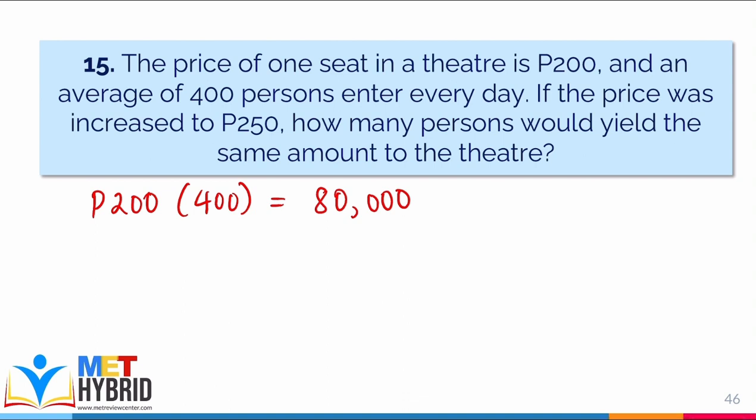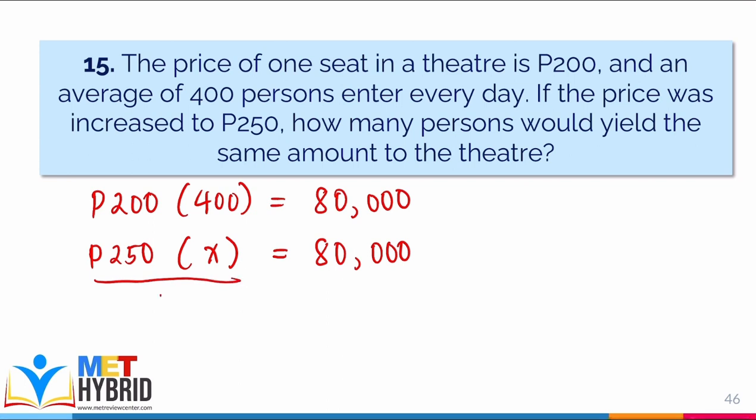If the seat price is increased to 250, we'll have 250 times the number of persons yielding the same 80,000. So to solve for x, we divide both sides by 250.